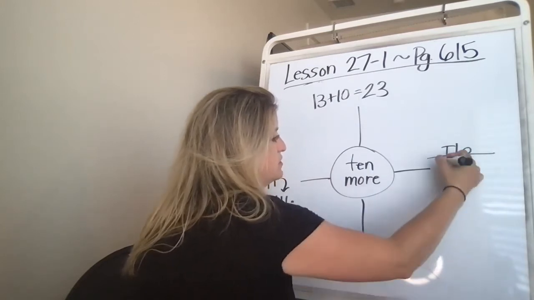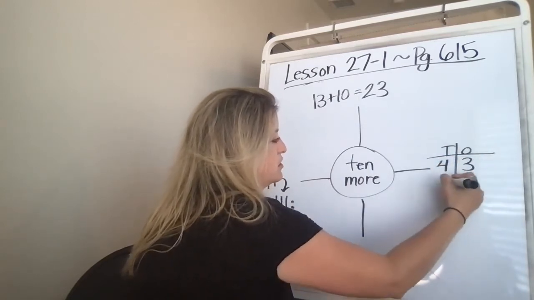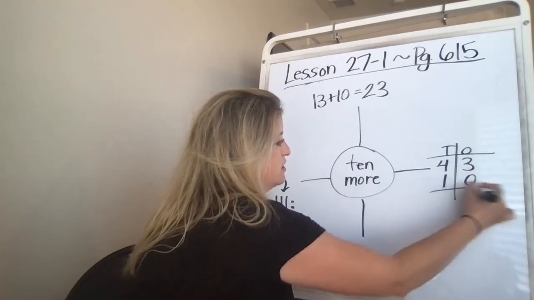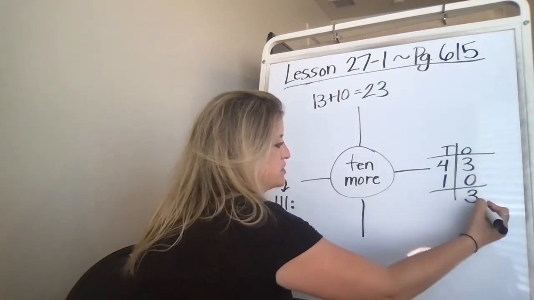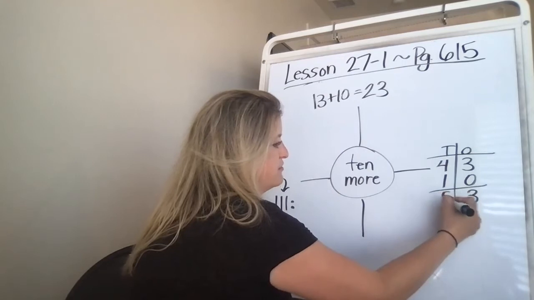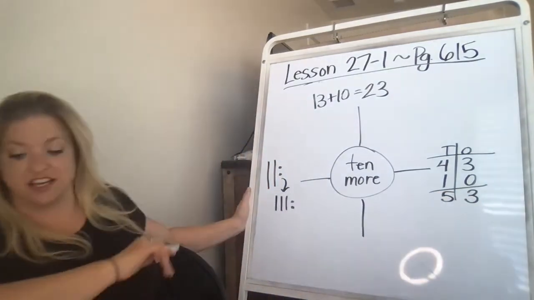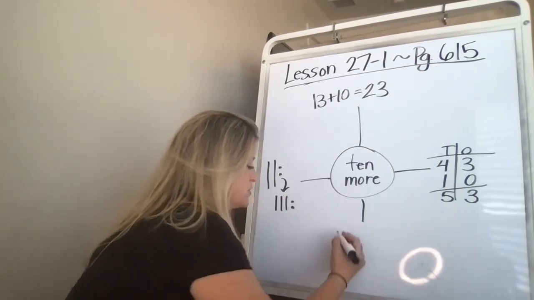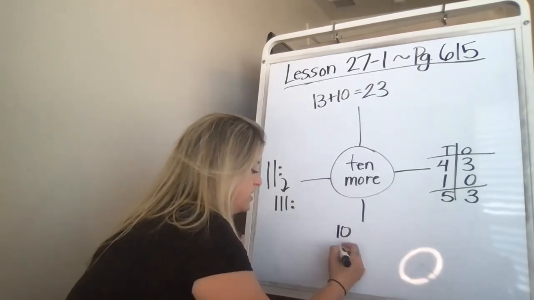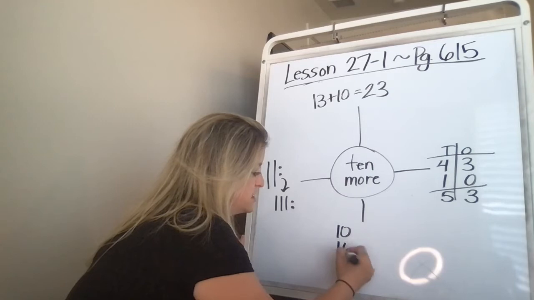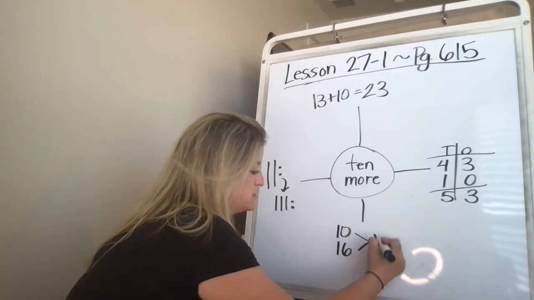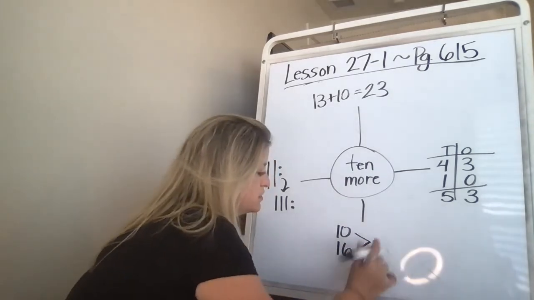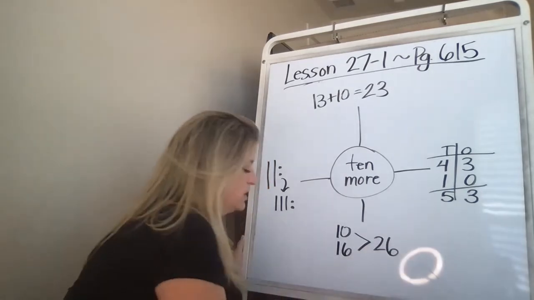If you wanted to, you could do 43 plus 10: 3 plus 0 is 3, 4 plus 1 is 5, becomes 53. We also know a number bond. So I'm going to do 10 and 16 becomes 2 sticks of 10s and 6 1s.